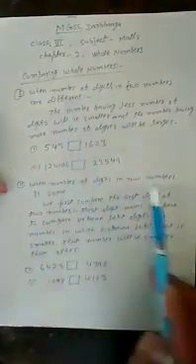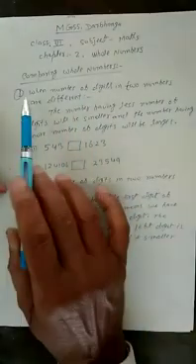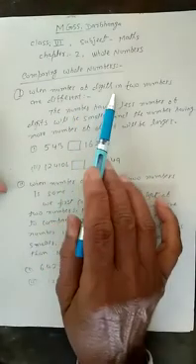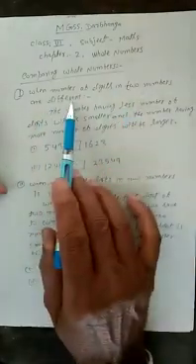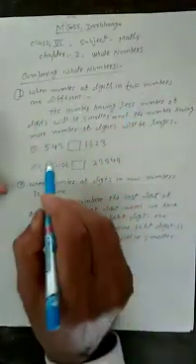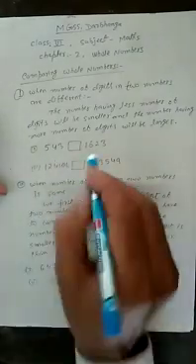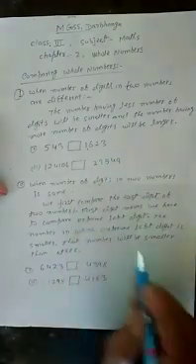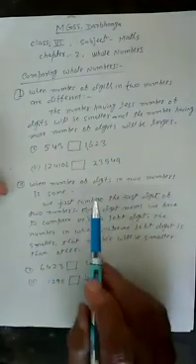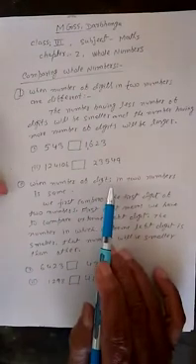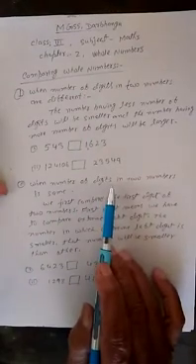Then two conditions may arise. First condition is when the number of digits in the two numbers is different. Here one number is 543, the other number is 1623. We have to compare these two numbers, and comparing means we have to decide which is greater and which is smaller.